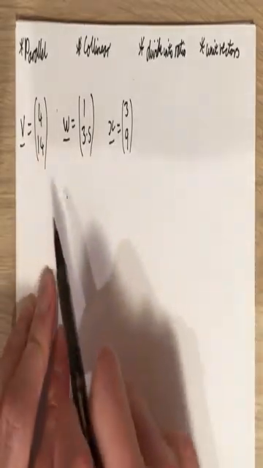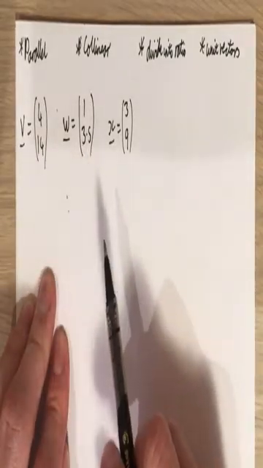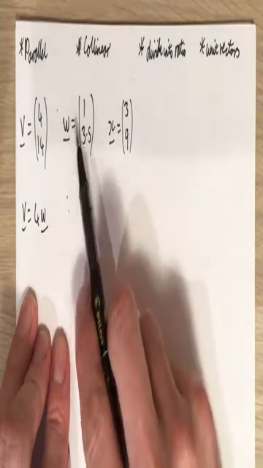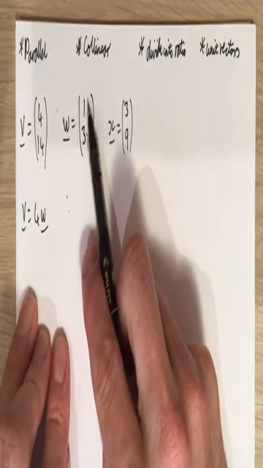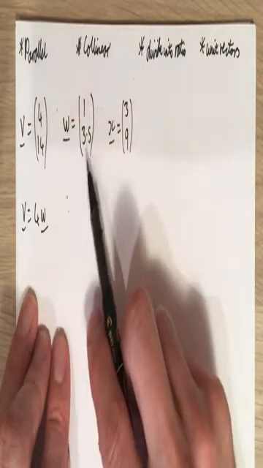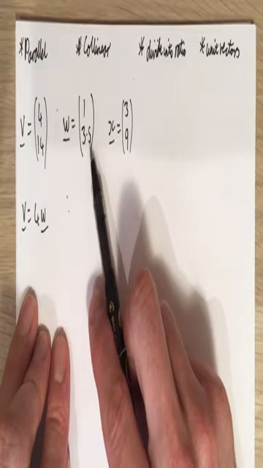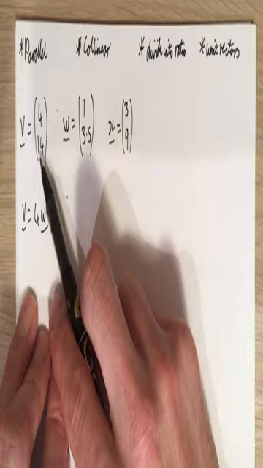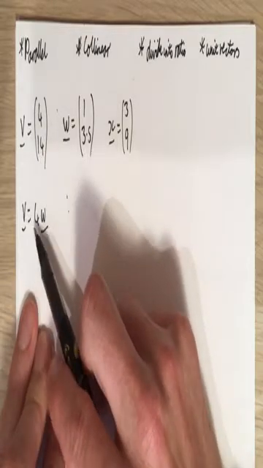Now, there's something very interesting about V and W. It is this. In fact, V is 4W. Check it out, guys. 4 times going right 1 is go right 4. 4 times 3.5 is 14. So V is 4W.